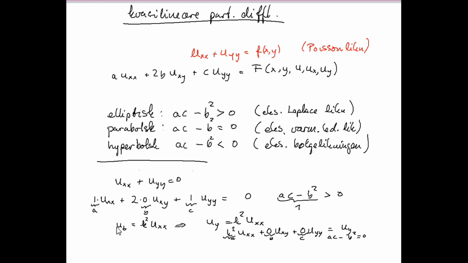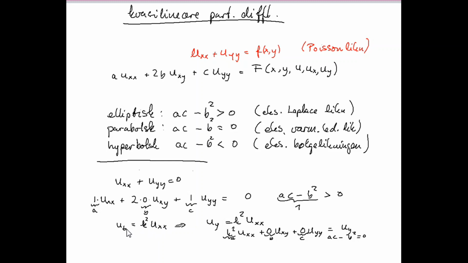Let us now show that the heat conduction equation is parabolic. We know that the heat conduction equation is given by u_t equals k square multiplied with the second derivative of u with respect to x.